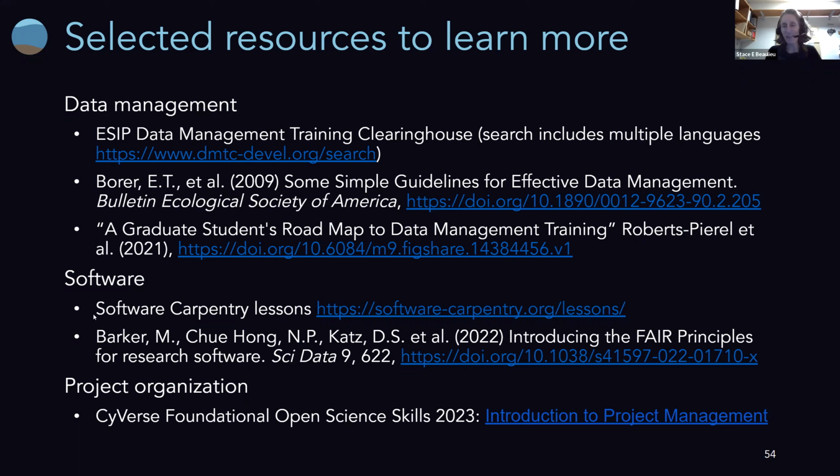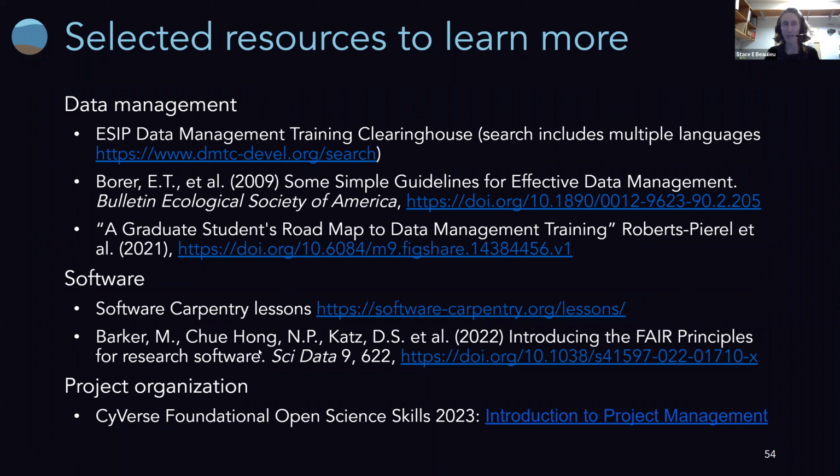Under software, I'm highlighting the lessons from the Carpentries, which is a worldwide organization to help with learning programming skills and data handling skills. There are wonderful lessons online in multiple programming languages. The other item I'm highlighting here is that the FAIR principles I mentioned earlier were intended for all sorts of digital scholarly objects. In this case, this is a paper applying the principles to software.